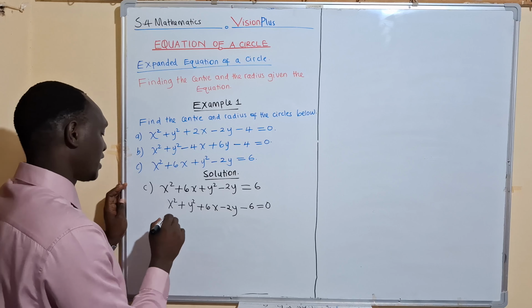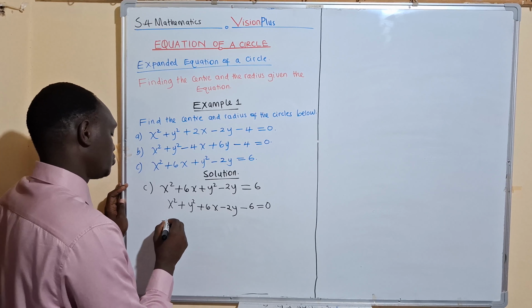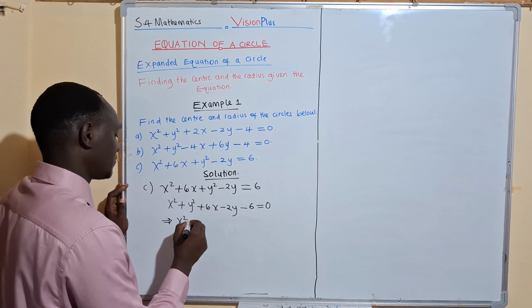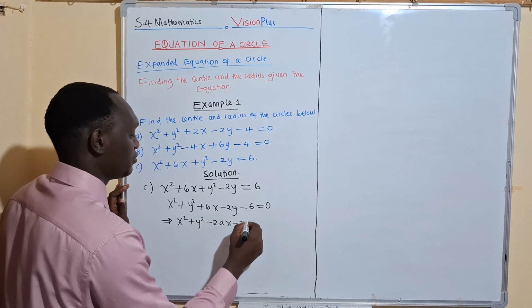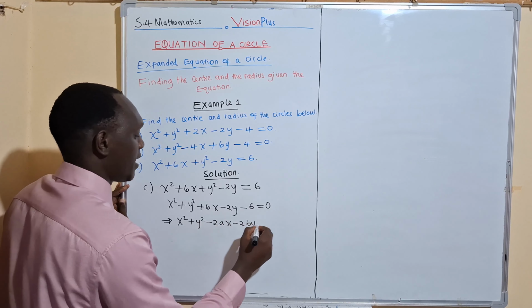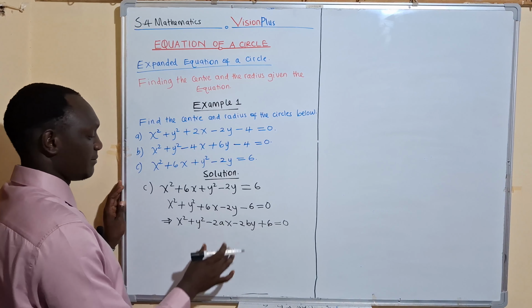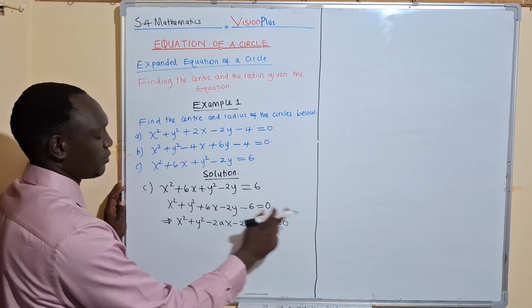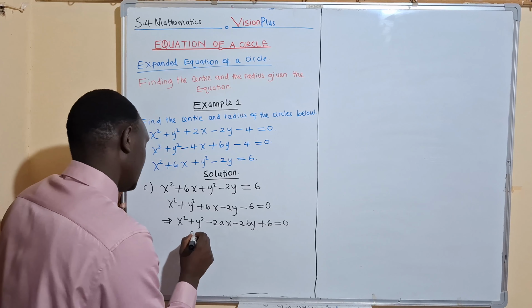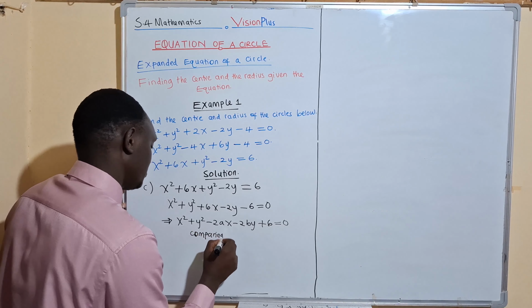Now this format can be compared to the equation of a circle given by x squared plus y squared minus 2ax minus 2by plus c equals 0. Now they are in the same order: x squared, y squared, the term in x, term in y, c, and equals 0. So on comparing coefficients, let me finish with it.